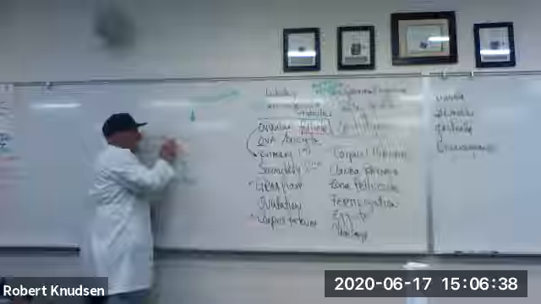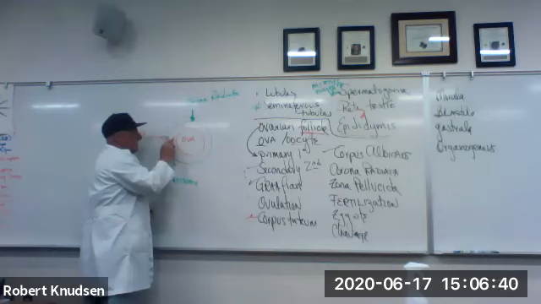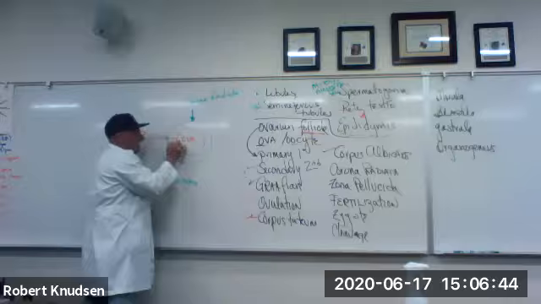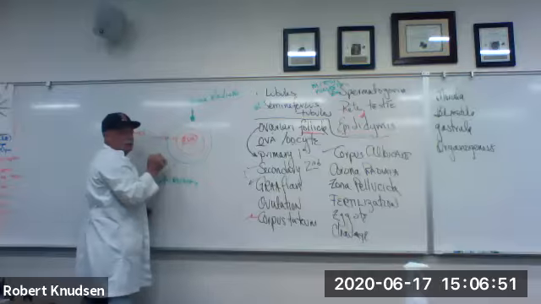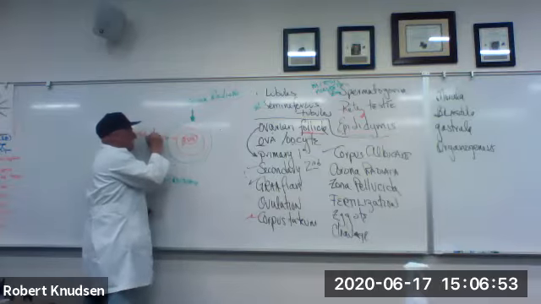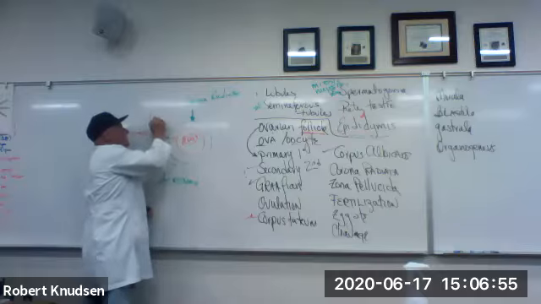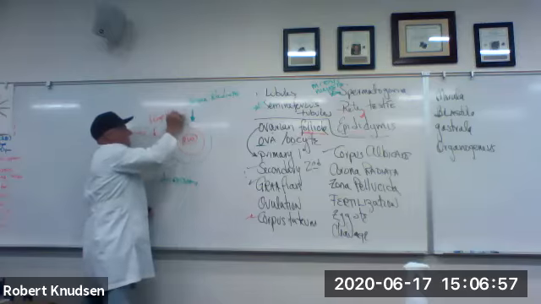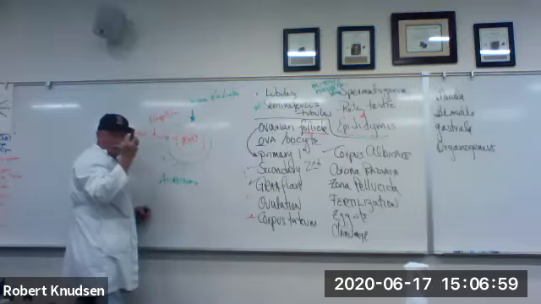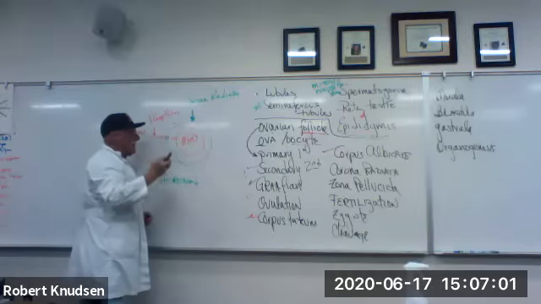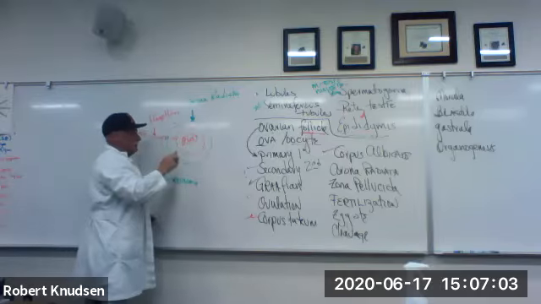And then in comes the sperm. This is the phospholipid bilayer. As it comes through the phospholipid, here's the nucleus. As it comes through the phospholipid bilayer, it drops the flagellum, that's the tail. And the only thing you have is the outside phospholipid bilayer with the 23 chromosomes.